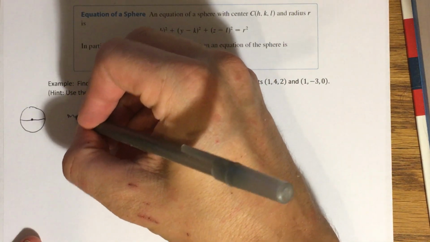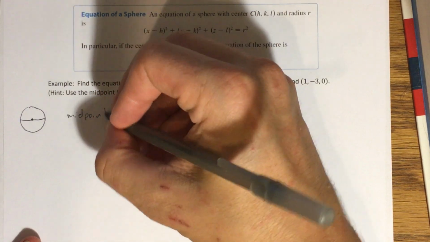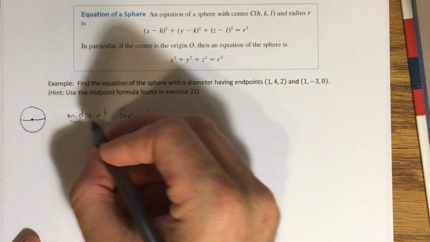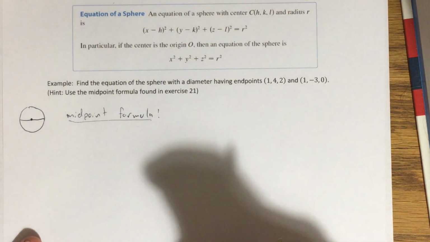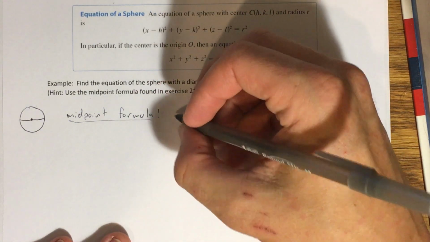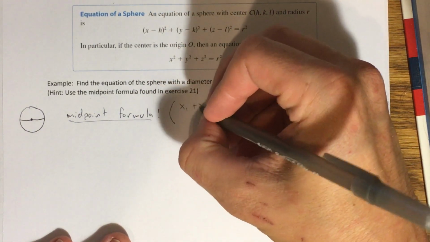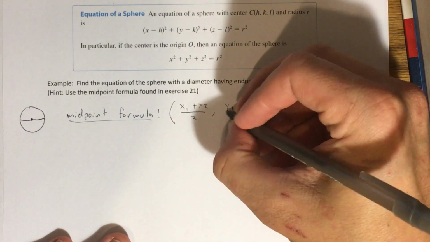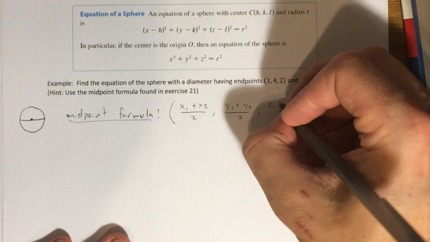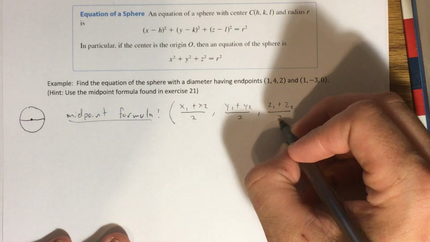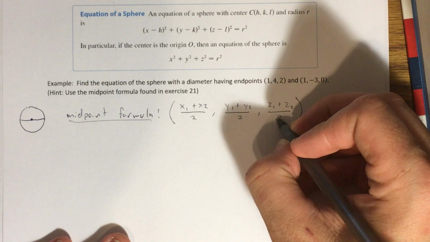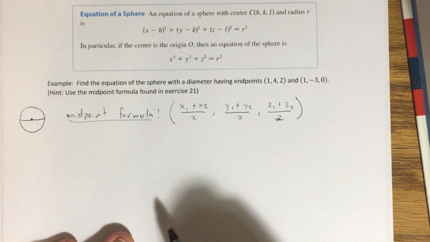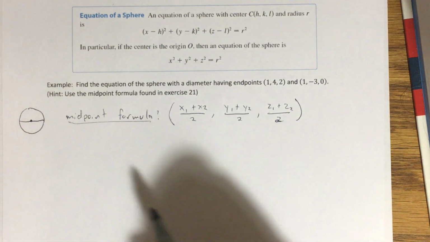The midpoint formula, if you have two points (x1, y1, z1) and (x2, y2, z2), is this: (x1 plus x2) over 2, (y1 plus y2) over 2, (z1 plus z2) over 2. And one thing I always run into trouble with in this class, because we use z so often, my z's look like my 2's, so I have to try and distinguish between those.